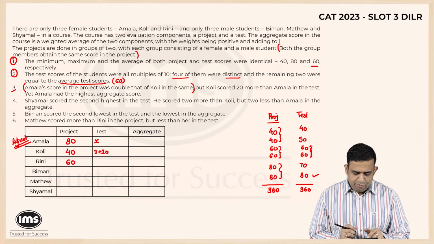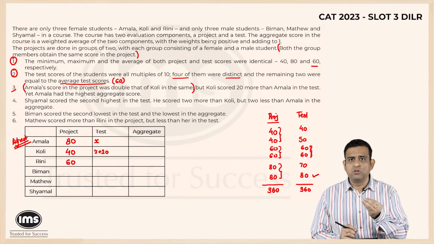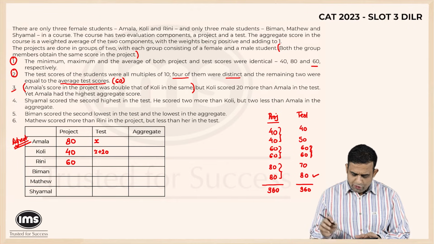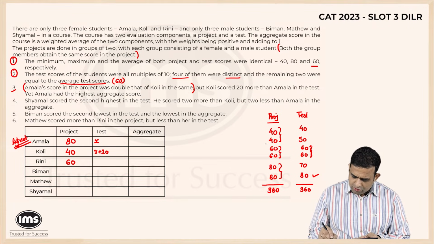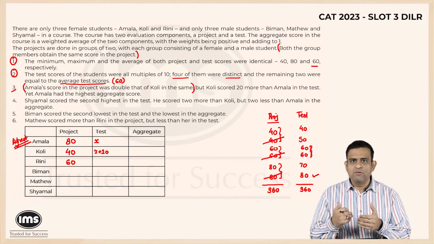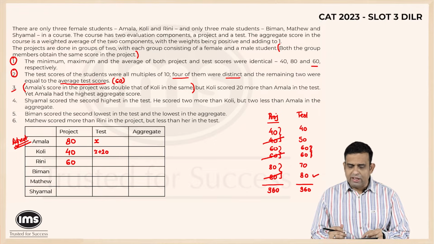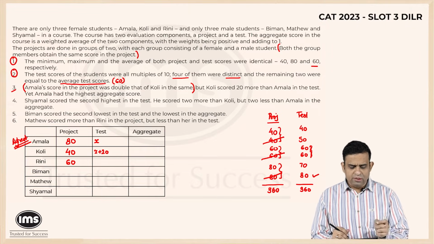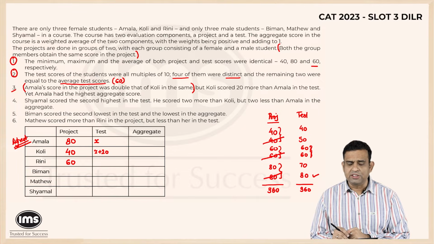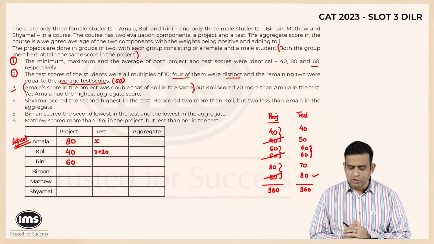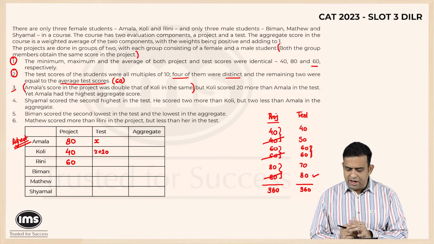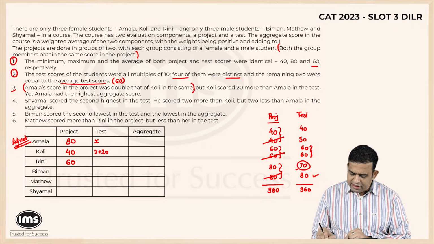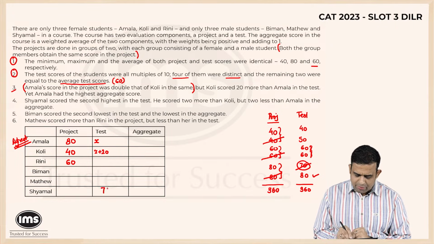Let's go ahead and read points number 4, 5, 6, which can give you some more direct information. So we already have the scores 40, 60 and 80 used in the project. We have to allocate 40, 60, 80 among Biman, Matthew and Shamal. Point number 4 now says Shamal scored the second highest in the test. In the test, the highest score was 80 and the second highest happens to be 70, and this 70 belongs to Shamal.